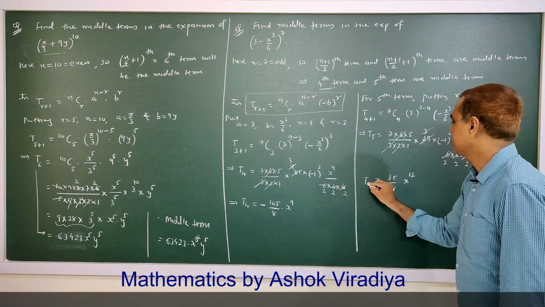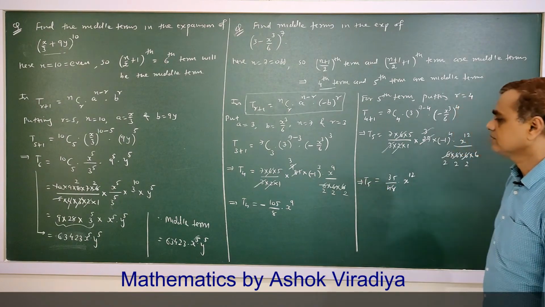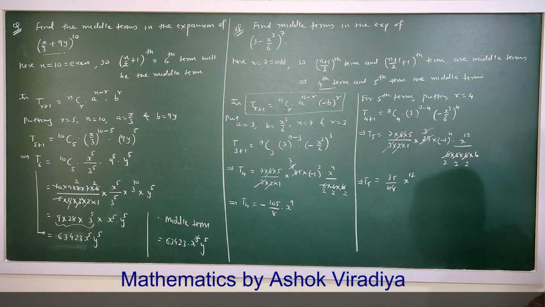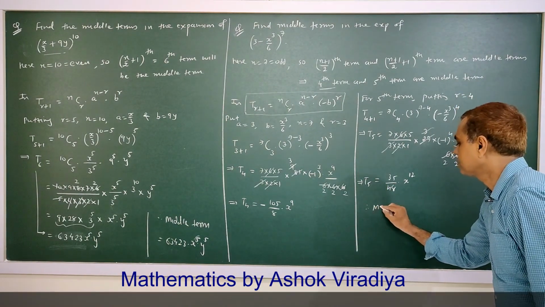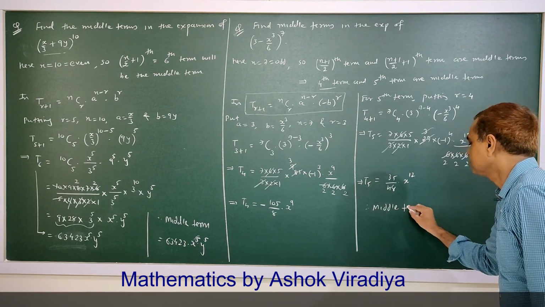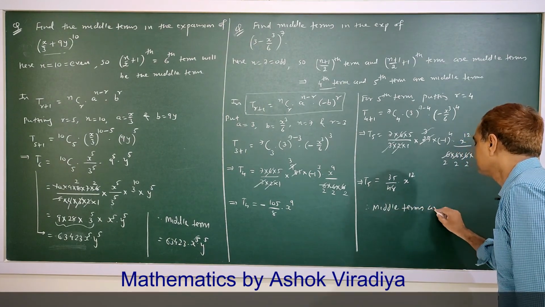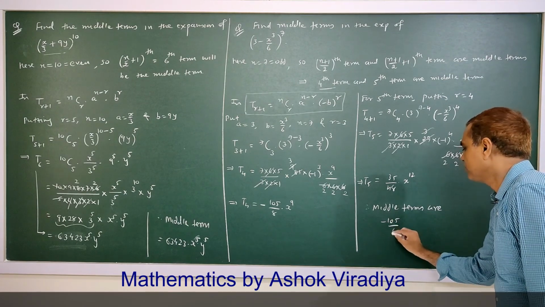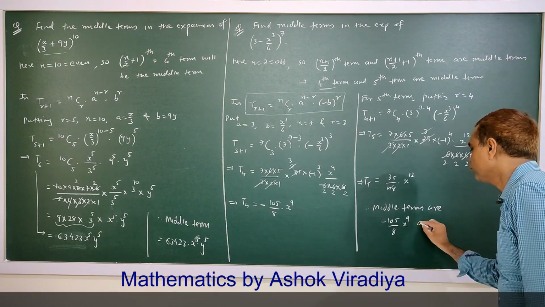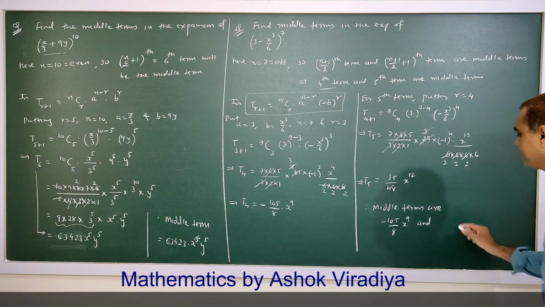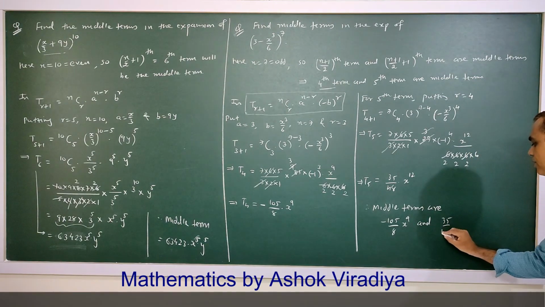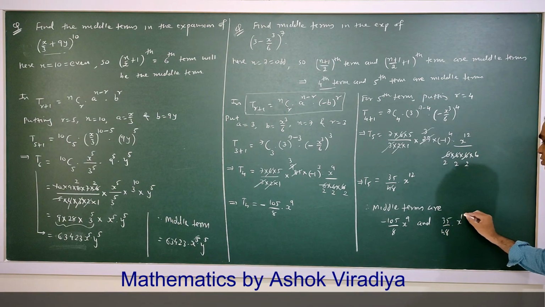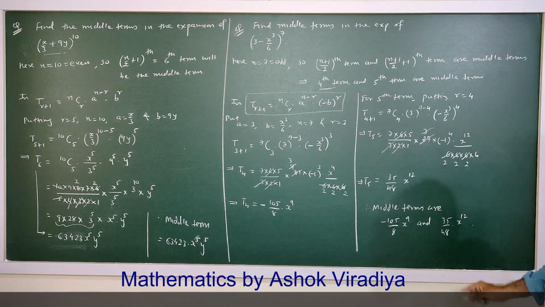So this is the fifth term. These are the middle terms. Therefore, the middle terms are minus 105 upon 8 times x raised to 9 and 35 upon 48 into x raised to 12. These are the middle terms.